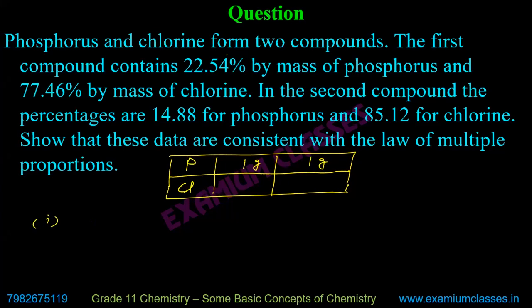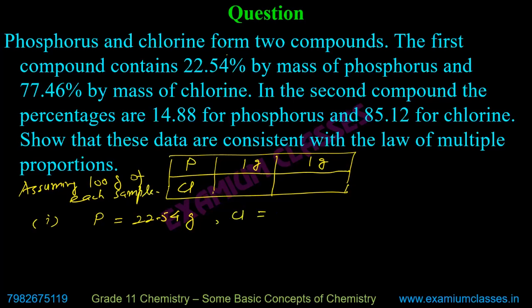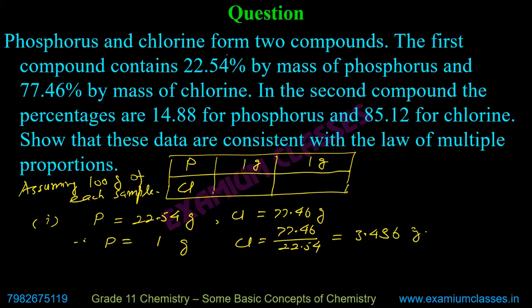In the first case, it is given phosphorus is 22.54 gram, assuming 100 gram of each sample, and chlorine will be 77.46 grams. Hence, if phosphorus is 1 gram, chlorine will be 77.46 divided by 22.54, which is approximately 3.436 gram. So for 1 gram, in the first case, you got chlorine 3.436 grams.